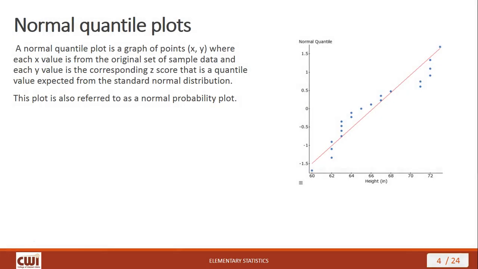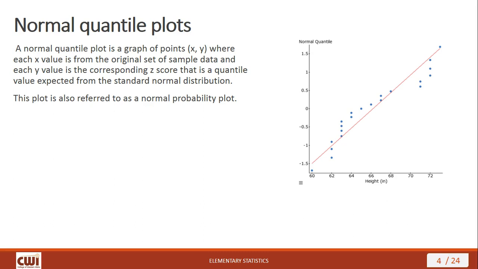As we've already learned previously from Chapter 2, a normal quantile plot is a graph of points where each x value is from the original set of sample data, and each y value corresponds to a z-score that is the quantile value expected from a standard normal distribution. In essence, the y value is simply the x value converted to a z-score. These ordered pairs plotted on the graph then form our normal quantile plot.